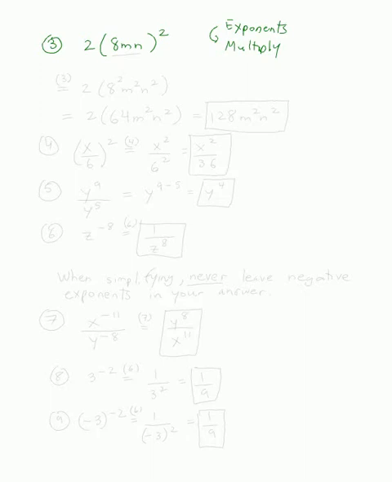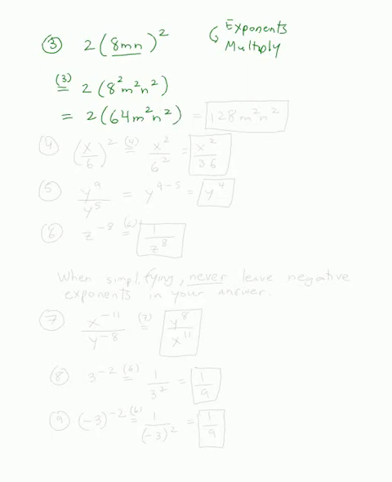So what rule do I use to raise this product right here to the power of 2? Well, we have the power rule for a product. Power of a product. That's rule number 3. So by rule number 3, the 2 stays put, but each of these gets squared, which ends up being 2 times 64m squared n squared.